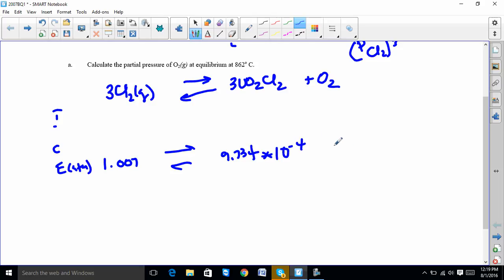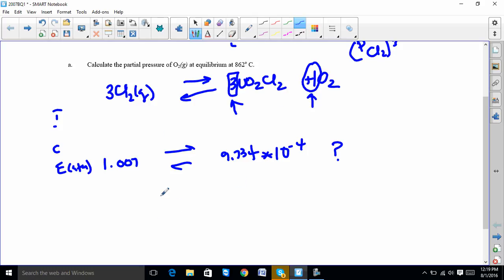And the first question A is, what is this pressure? And because these are on the same side, you can just use this mole ratio. This tells me, remember, if we didn't know these, we would call this 3x and this x. There has to be 3 times more of this than this, or 1/3 as much of this as this.